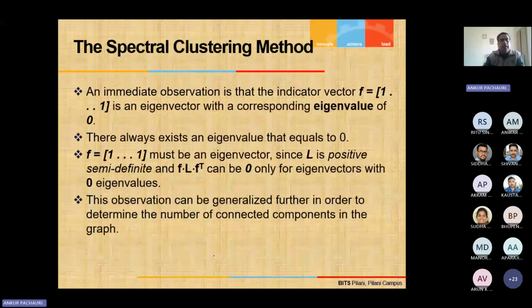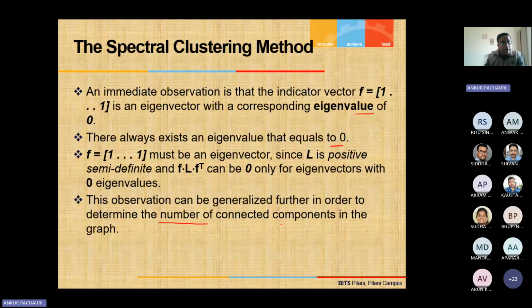An immediate observation is that the indicator vector f of all ones is an eigenvector corresponding to the eigenvalue of 0. There always exists an eigenvalue equal to 0, and it must be an eigenvector since L is positive semi-definite. f L f can be 0 only for the eigenvectors with 0 eigenvalues. This observation can be analyzed further to determine the number of connected components in a graph.